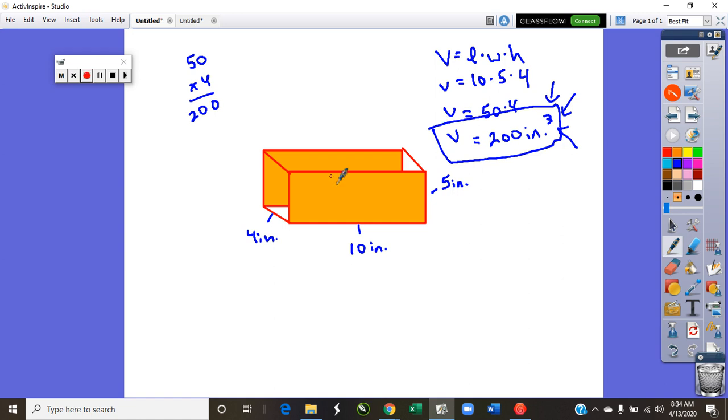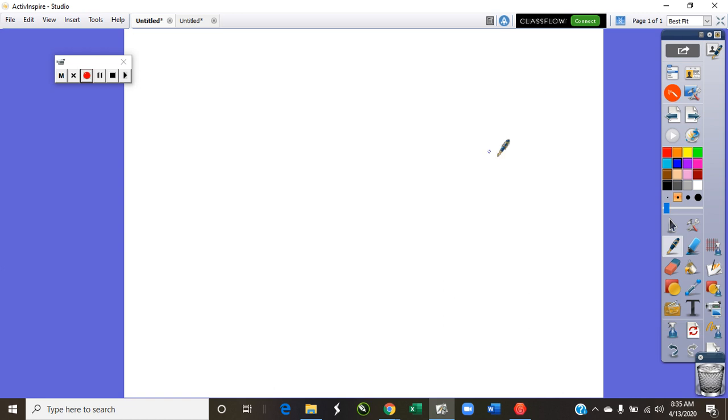All right. One more example, and then we're going to be done for today. This one is a triangular prism. Well, let's think back to when we found area of triangles. If you remember, it's the exact same formula as if I found the area of a rectangle or a parallelogram.